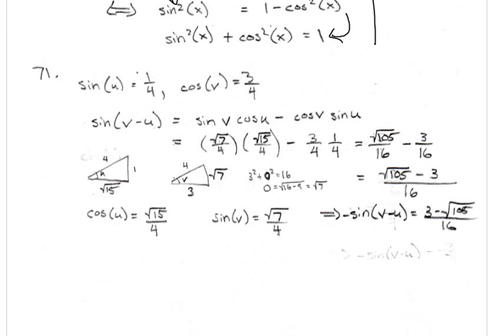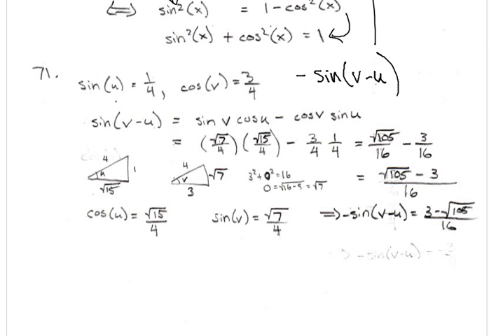Number 71. Given that sine of u is 1/4 and cosine of v is 3/4, find negative sine of v minus u. All right, well, we know that sine of v minus u, we'll ignore the negative for right now, from a trig identity.